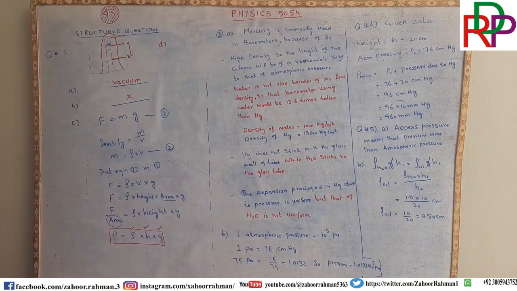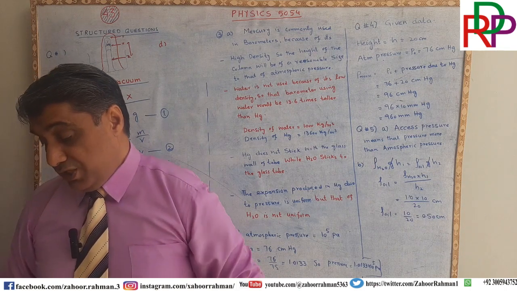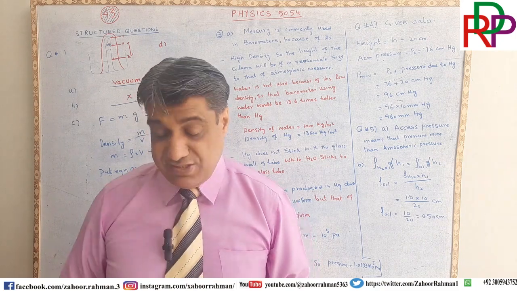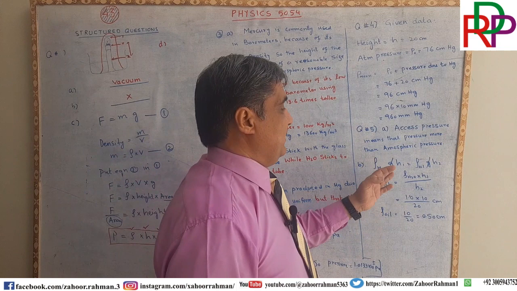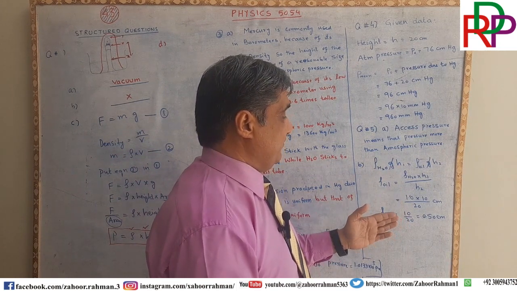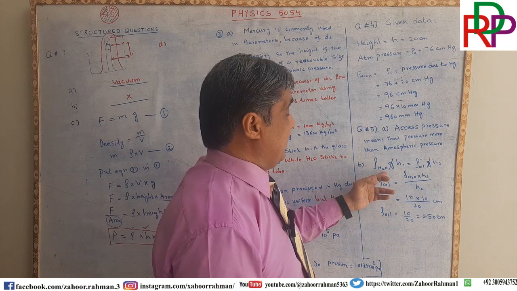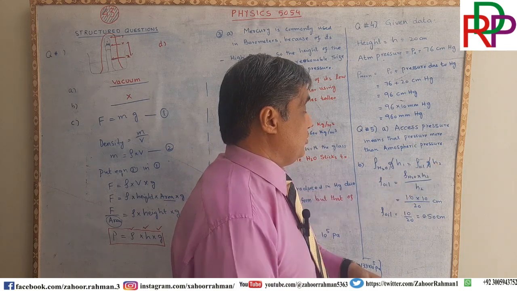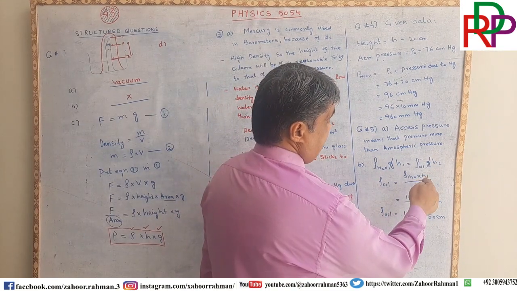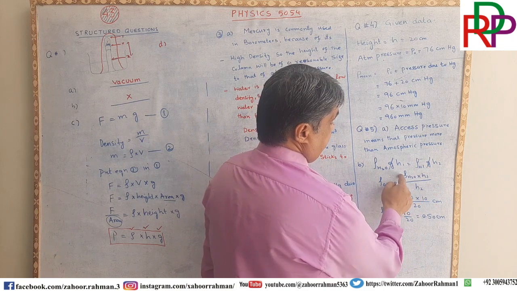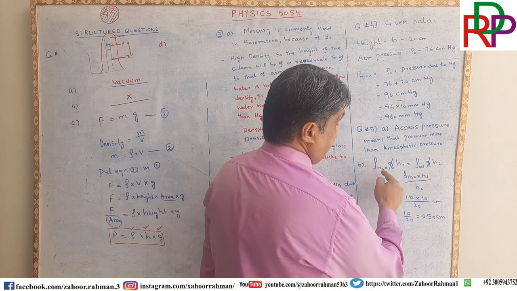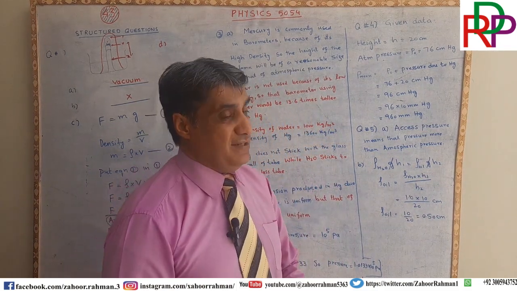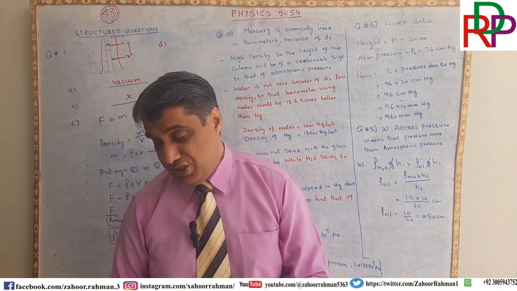On one side of the manometer there is water and on the other side there is a liquid, that is oil. The density of oil is given, and because they are in balance, we are saying density of H2O g H1 equals density of oil g H2, g and g will be cancelled. So density of oil divided by density of H2O is equal to H1 divided by H2. Putting the values, we will get 0.50. That was the whole story.